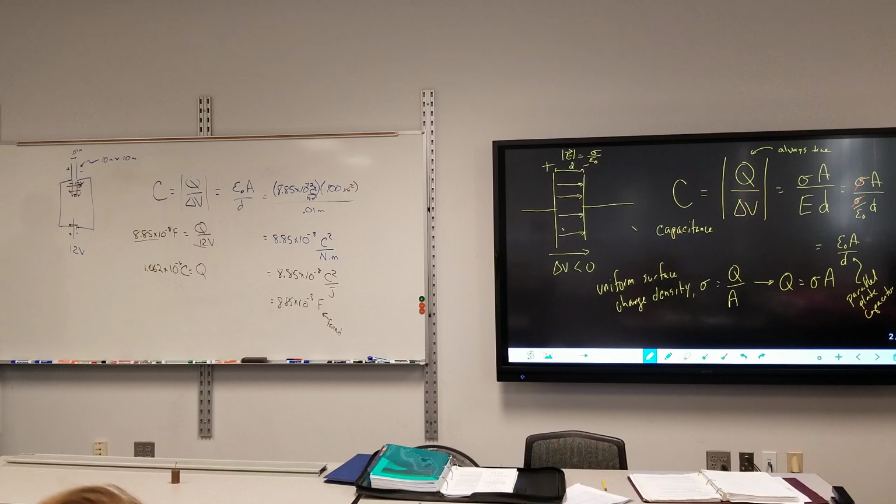What else could I do to increase the amount of charge on the plate? By the way, you can increase the voltage up to a certain point. As you increase the voltage, you get more charge here, more charge here. The electrons hate each other. They're still trying to get away.